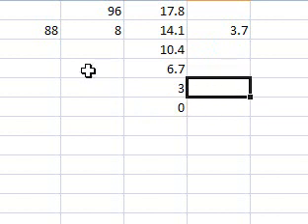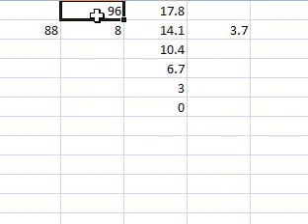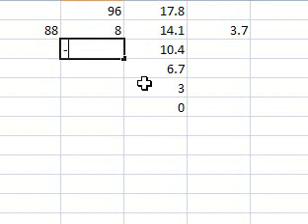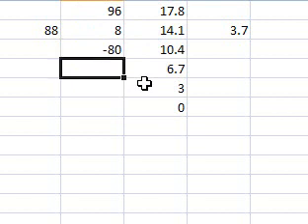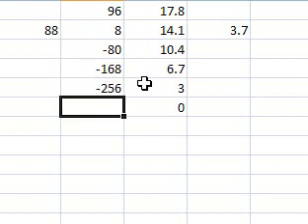As I go down in pressure to zero, I'm also going to go down by 88 degrees, so I'm going to get to negative 80, and then negative 168, and then negative 256. I'm doing this in my head, so I hope I don't make a mistake.